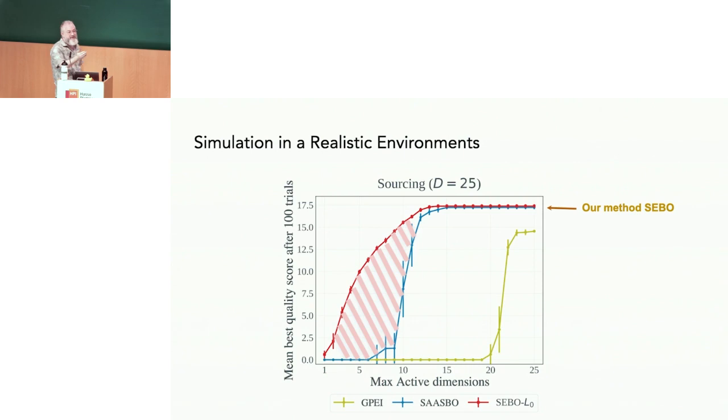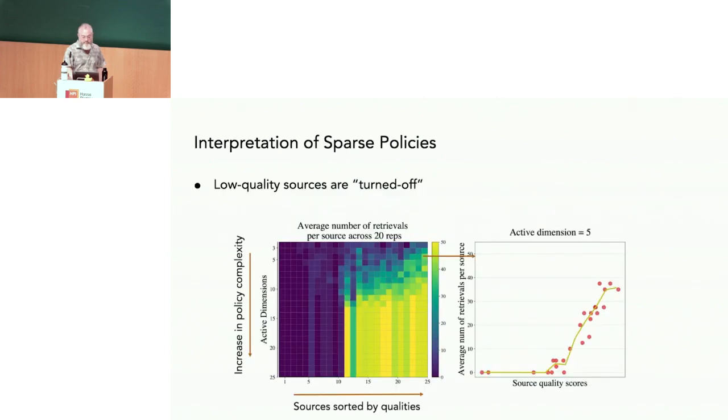So that's cutting down the amount of resources needed perhaps by a factor of 5 and get pretty comparable performance. And this is just an example of what happens underneath the hood. You'll see that it's able to identify the sources that have the highest quality and essentially cut off all the ones that are low quality.